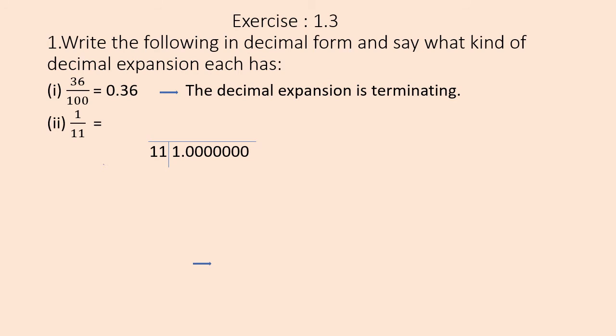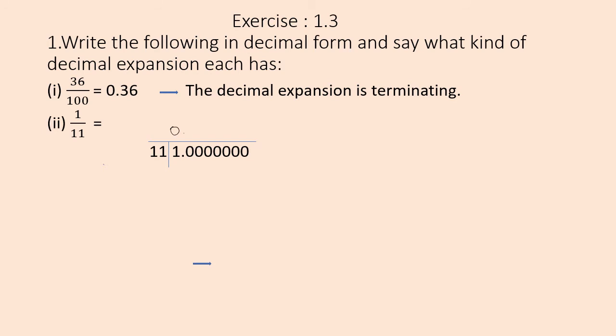Since 1 is less than 11, you can write 1 as 1.0000, etc. You can write as many zeros as you want. Now, since 1 is less than 11, you have to write 0. Now take the next digit. Since it is after the decimal, you have to put the decimal point.